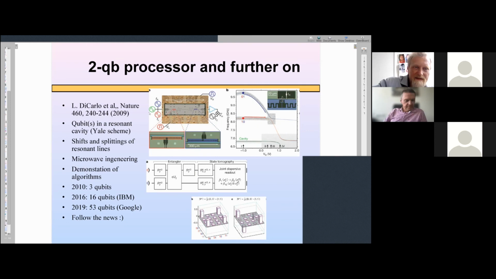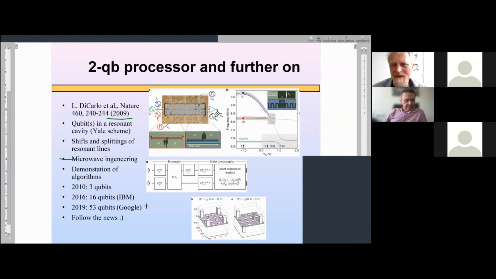Okay, I guess it was the first 2-qubit processor in a resonant cavity. That immediately brought up some engineering questions. One would have to make a good cavity to isolate the transmission lines from external noises, simultaneously keeping up the operation. Once this engineering problem had been solved, it went on to 3 qubits in 2010, and well, it goes on, and look, it has already been industrialized.